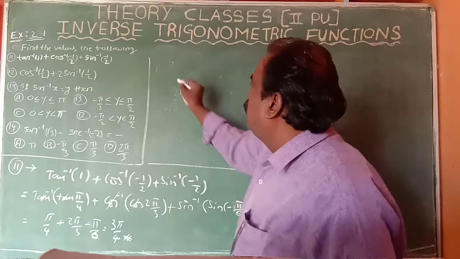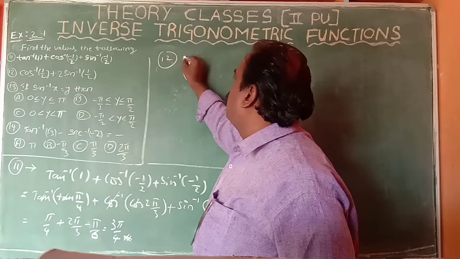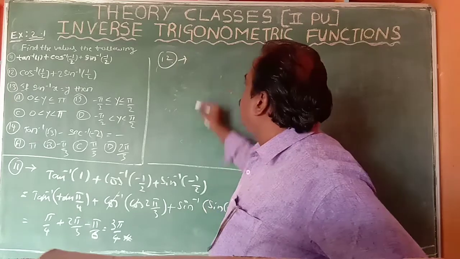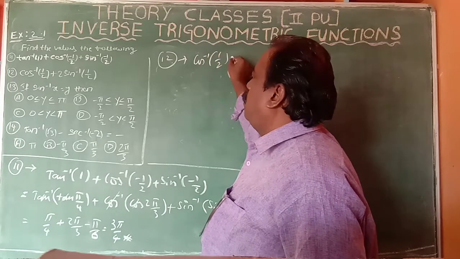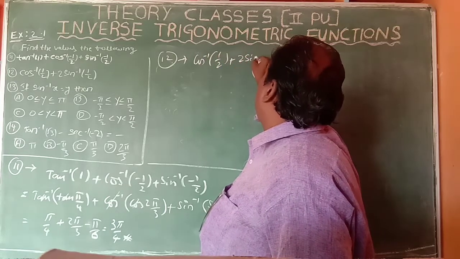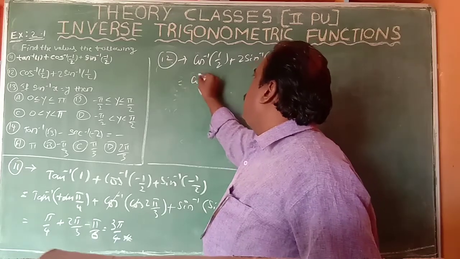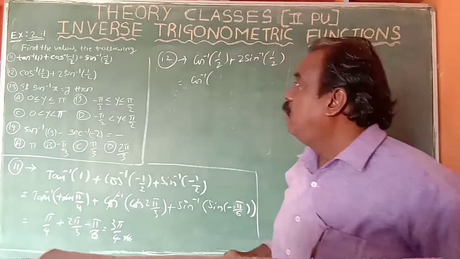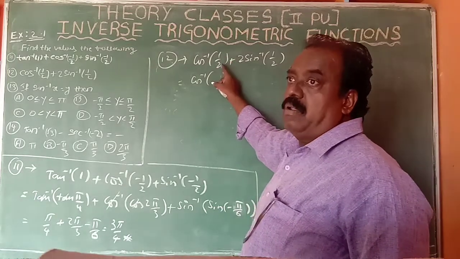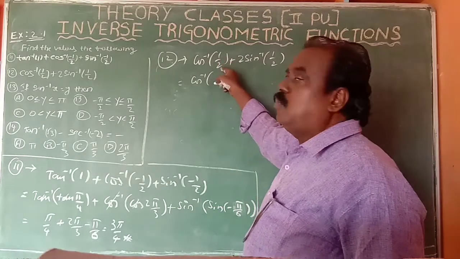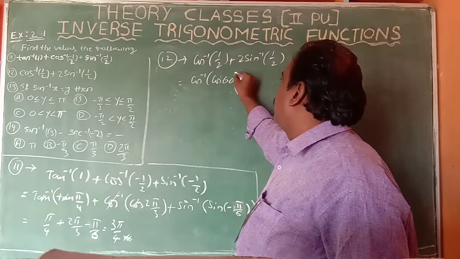Now the 12th problem. Observe. It is cos inverse of 1 by 2 plus 2 sin inverse of 1 by 2. For which angle does cos give 1 by 2? Cos 60 degrees.